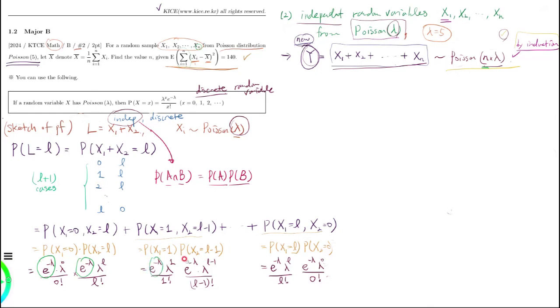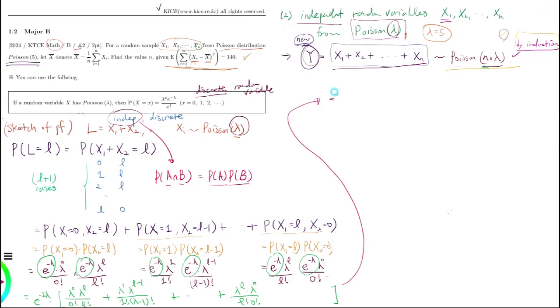All the terms have the same factor, e to the negative 2 lambda term, and their addition looks like lambda to the 0 lambda to the l over 0 factorial l factorial, plus lambda to the 1 lambda to the l minus 1 over 1 factorial times l minus 1 factorial, plus lambda to the l lambda to the 0 over l factorial times 0 factorial. Okay.